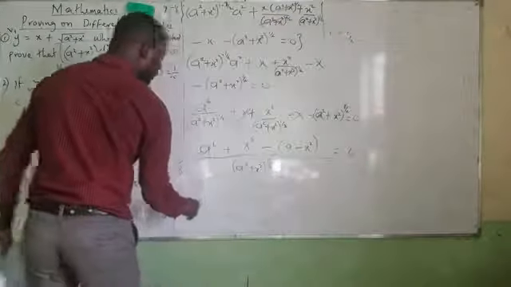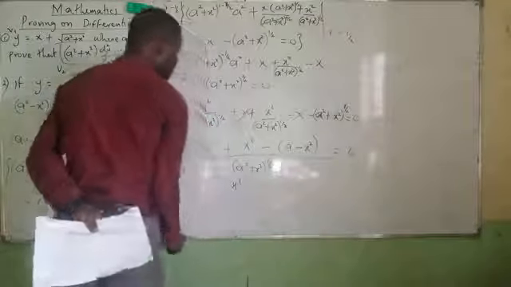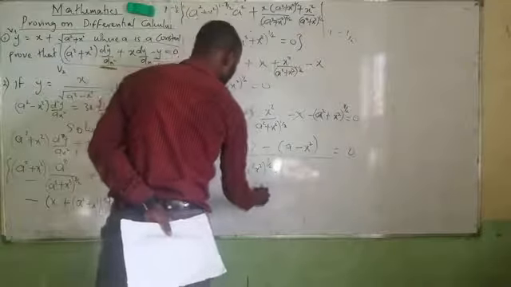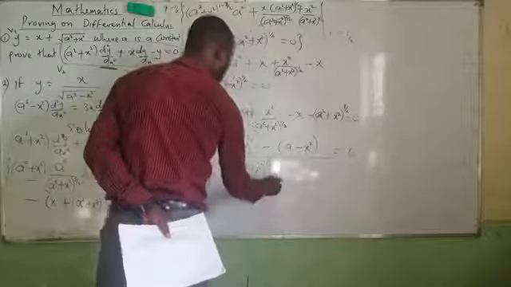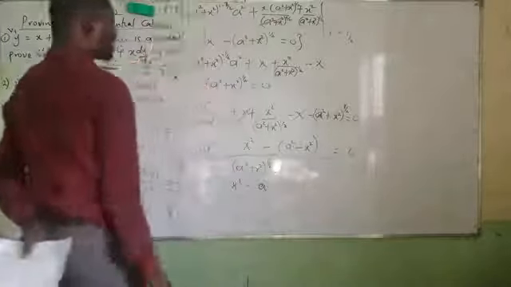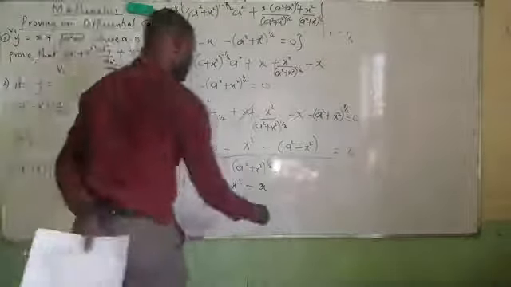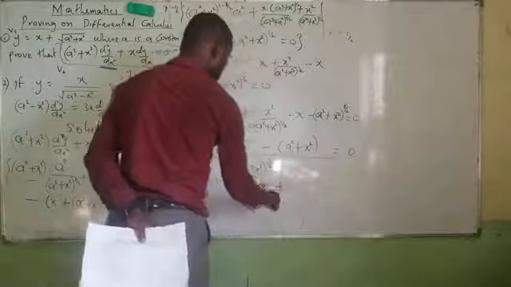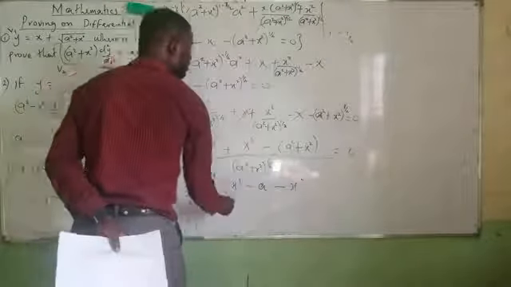Now, I'll be having a squared minus x squared, plus x squared minus a squared, and this will be plus. Sorry, this is going to be minus x squared. This is going to be what?